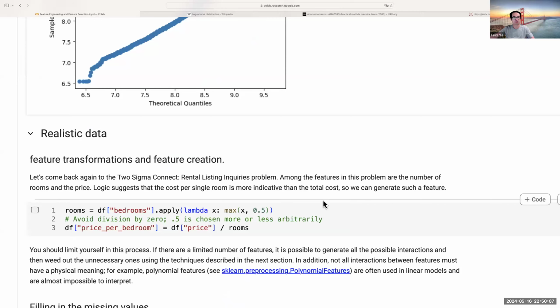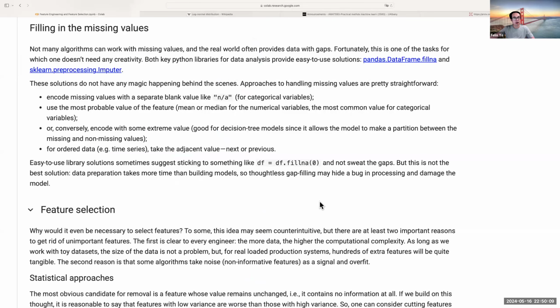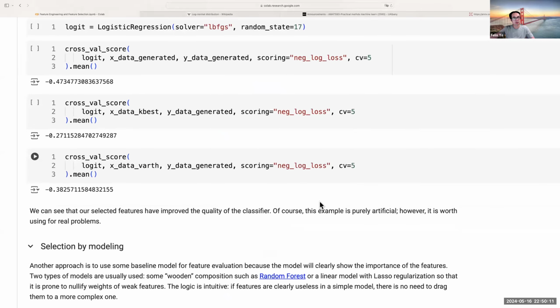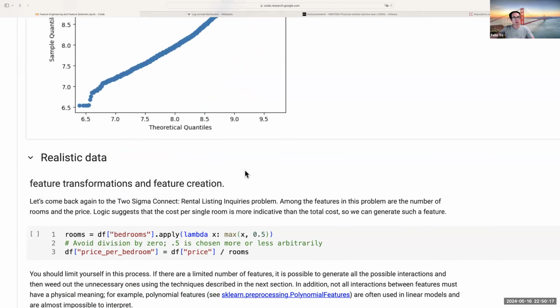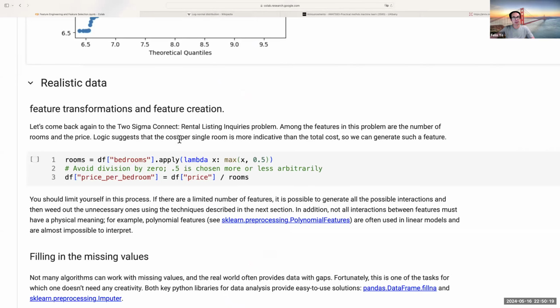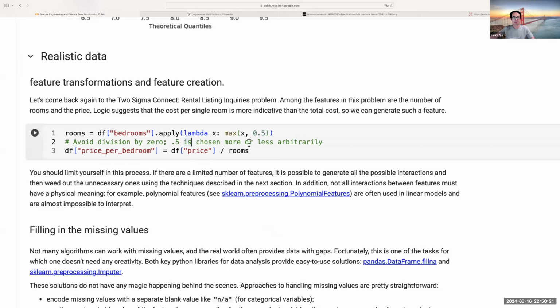and the data distributions. All right, so what else? Well, I still have a lot of stuff. Okay, so let's try some realistic data set. Let's come back to the data set that we have.